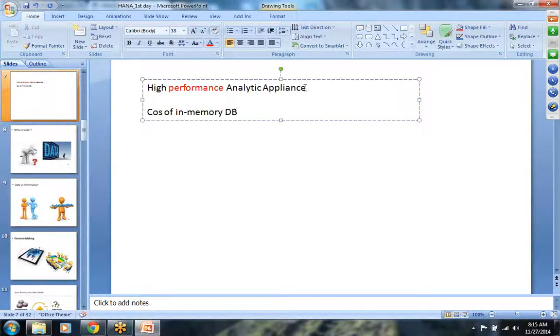What is in-memory database here now? What does this in-memory database mean? It is simple. If I ask you to calculate 5 plus 5, you will say immediately 10. If I ask you to calculate 10 plus 10, you will say immediately 20. But if I ask you to calculate what is 192 into 196, you can't.